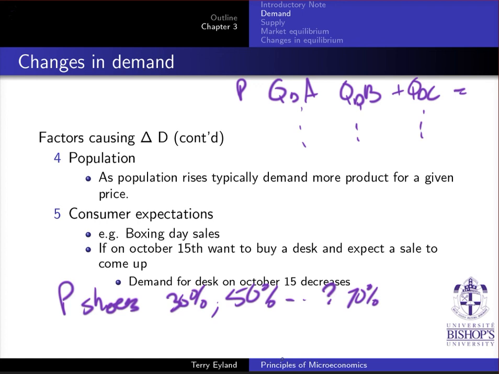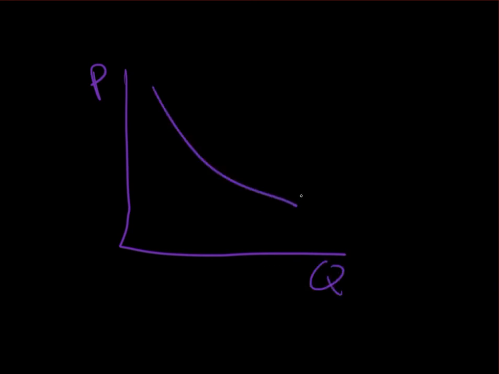Okay. So here I want to stress once again, there's a big difference between changes in demand and changes in quantity demanded. As I mentioned here, this is my demand curve from an initial situation. This represents my relationship between price and quantity demanded for the whole market.